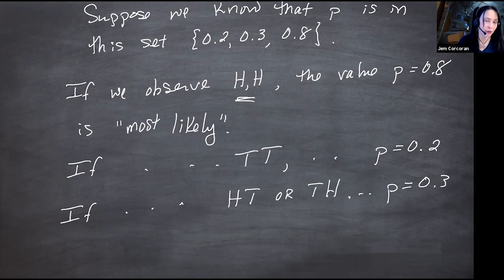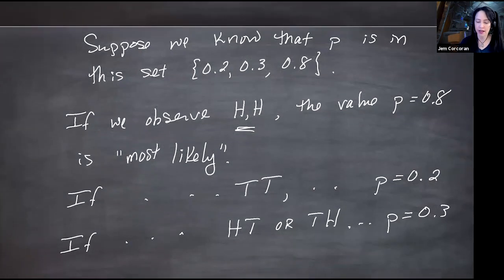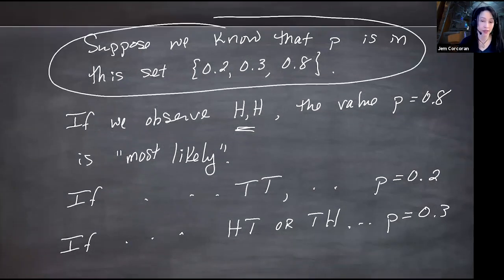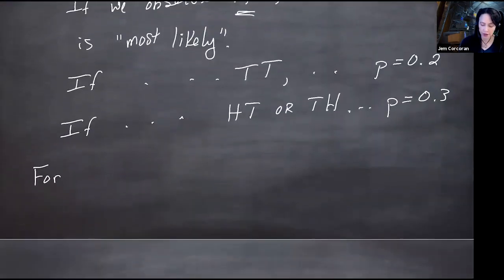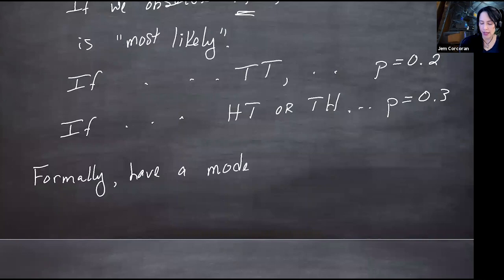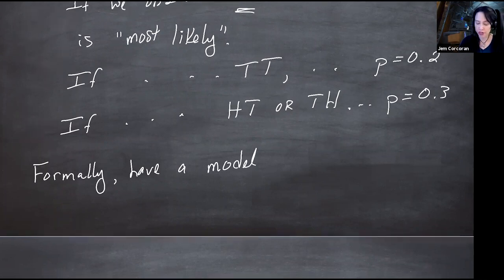That's the idea behind maximum likelihood estimation, but I want to formalize this process. And I'm going to stick with this overly simplified example. And then after that, we'll take away this ridiculous assumption. So here we've got a model. The model is a Bernoulli distribution. If we label heads 1 and tails 0, I have a random sample of size 2 from the Bernoulli distribution.